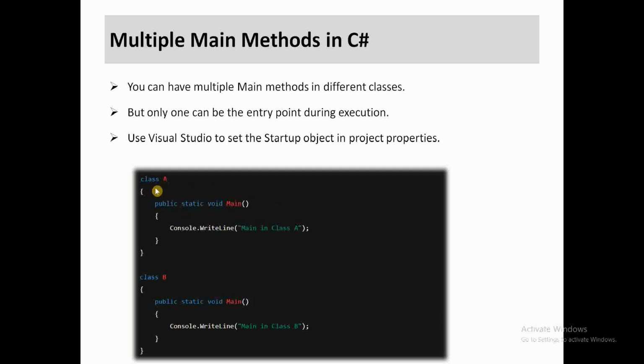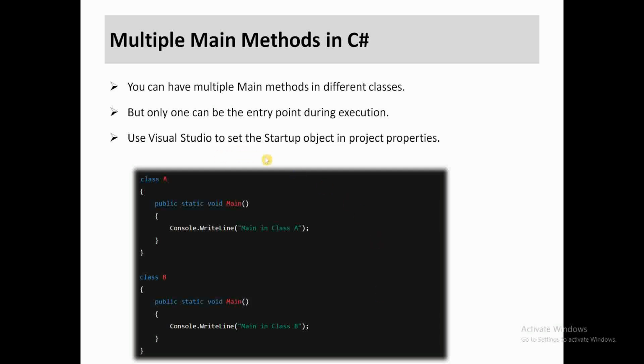So if we choose class A, then this main method will work. Otherwise, if we choose class B, then that main method will start. But only one can be the entry point during execution. So only one main method will work at entry time.